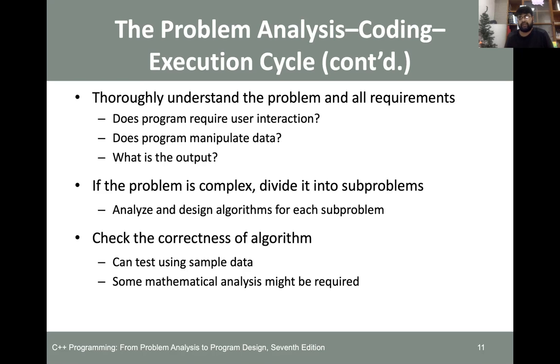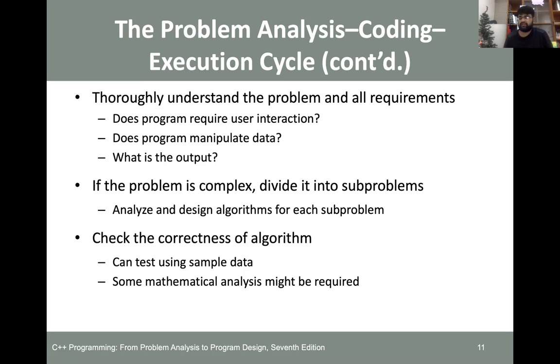So we should analyze the data and we should design the algorithms for each sub-problem. Remember, each sub-problem is a standalone problem, and that's how the divide and conquer rule works best when you are trying to design and analyze algorithms. Finally, once you have implemented your algorithm, you need to check the correctness of the algorithm.